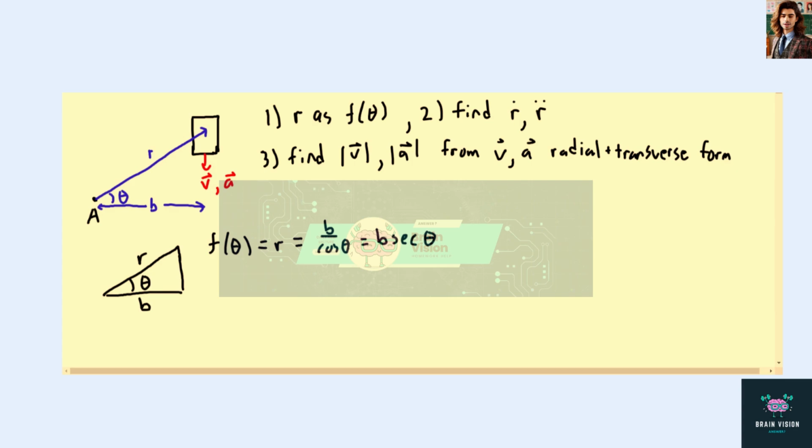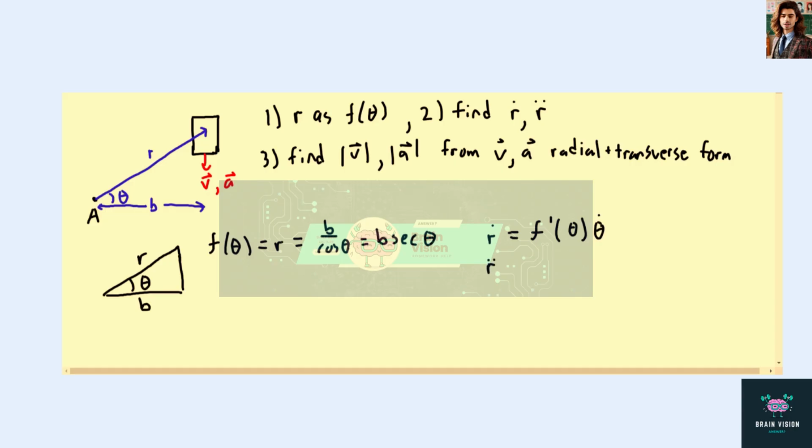And so what are r dot and r double dot going to be? So r dot, so we use the chain rule there. So r dot will be f prime of theta times theta dot.